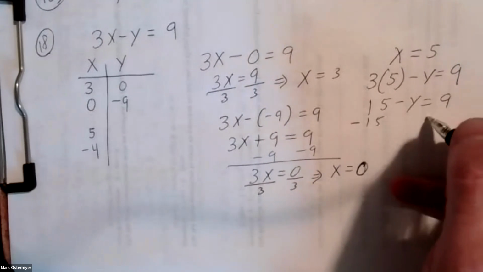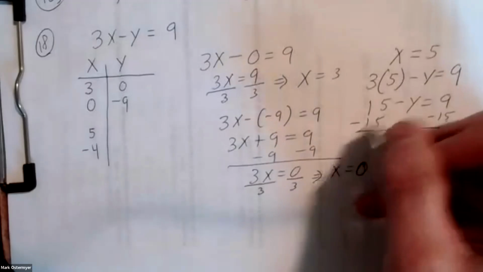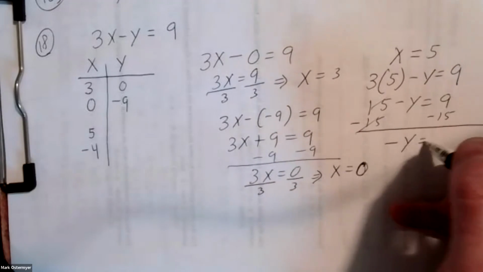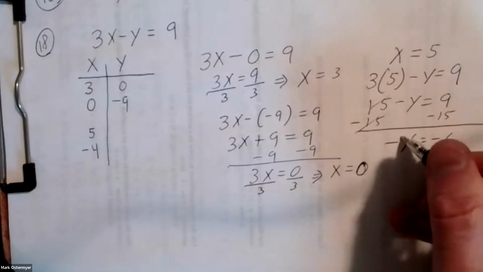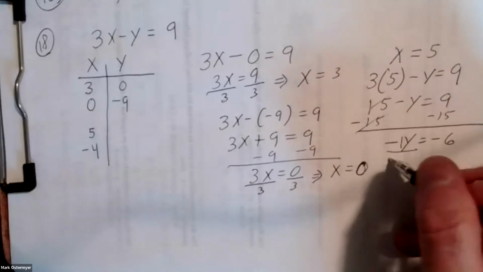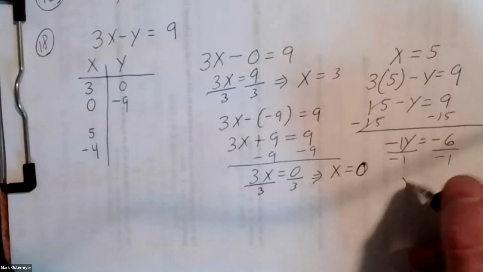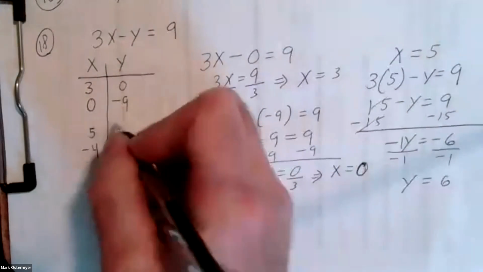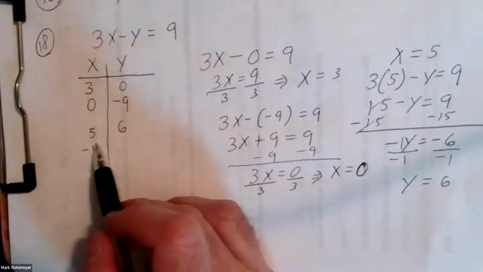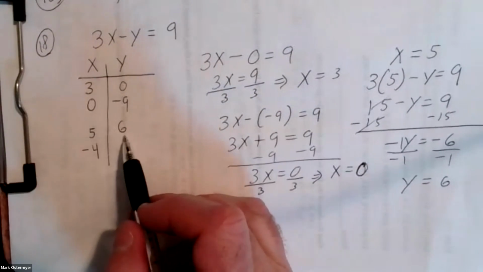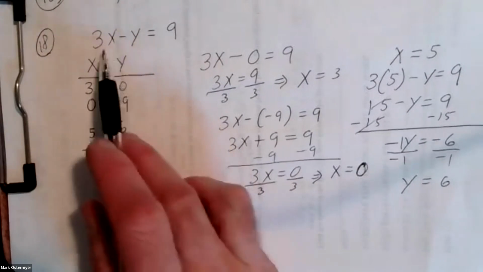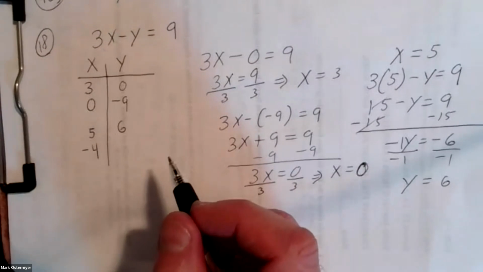Subtract 15 from both sides. Negative y is equal to -6. Divide or multiply both sides of this equation by -1, and we get y is equal to +6. And so therefore, when the x coordinate is 5, the y coordinate has to be +6 if this ordered pair is to be a solution to our linear equation.